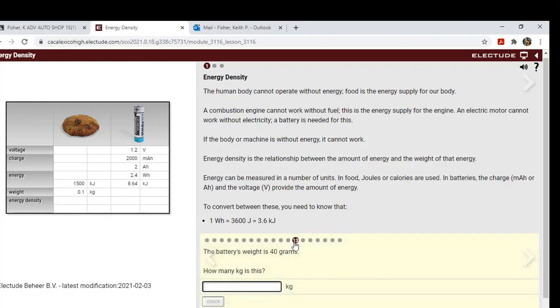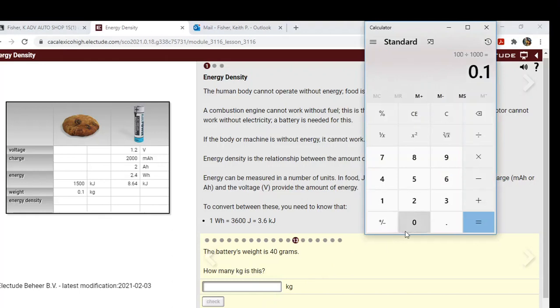Question 13. The battery's weight is 40 grams. How many kilograms is that? We take the same idea and divide 40 by 1,000, and here we see it's 0.04 kilograms.